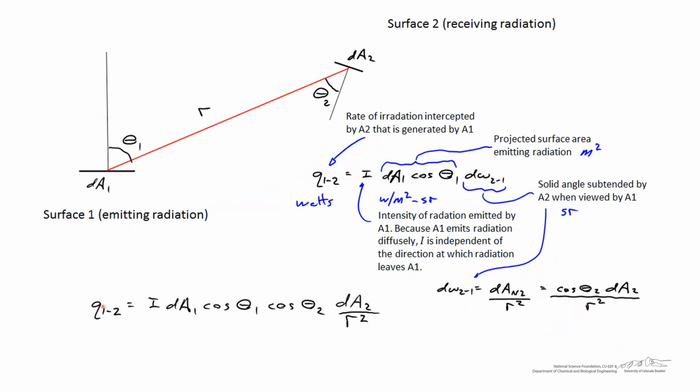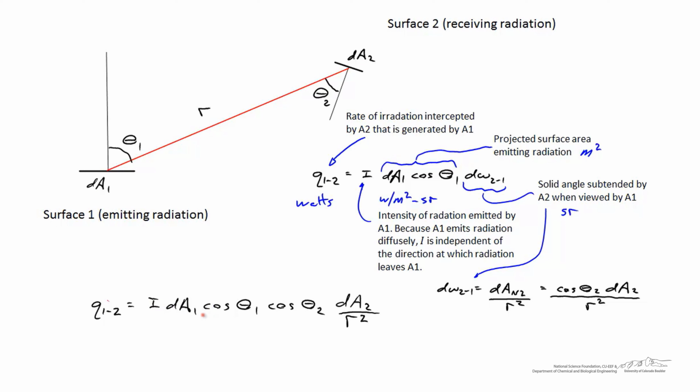So finally, if I put all these together, I come up with an expression for the rate of radiation leaving 1 that's being intercepted by 2, and it's proportional to the intensity of radiation. It's proportional to both the area of surface 1 and the area of surface 2. Make either one bigger, and more power would be received by A2.